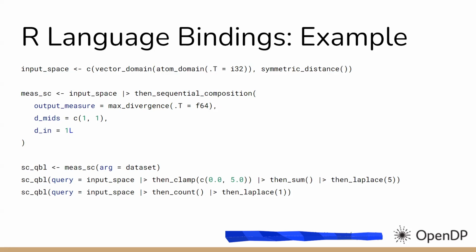So in this example I'm showing, we're saying that starting from knowledge that the data exists in this vector domain, the data is some kind of vector of integers, and we know that data sets differ in terms of additions and removals. Then we can build compositors, and we can build measurements that are tuned to that kind of metric space.